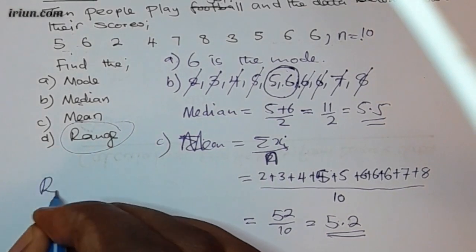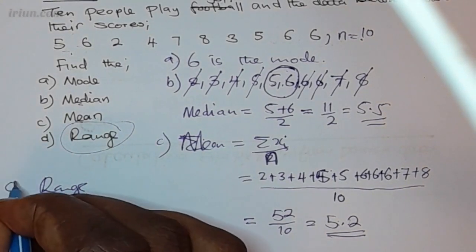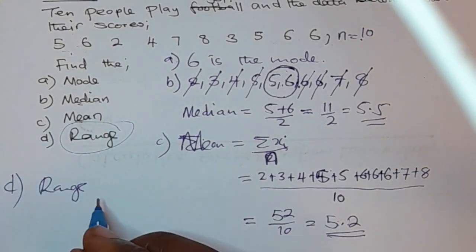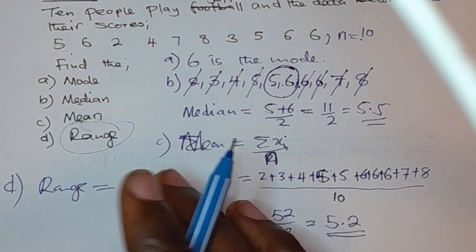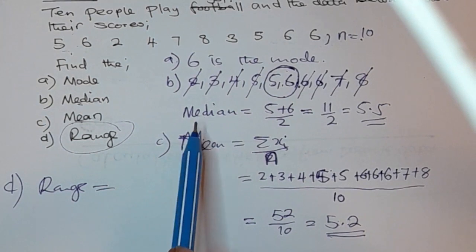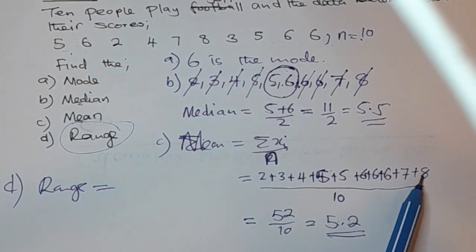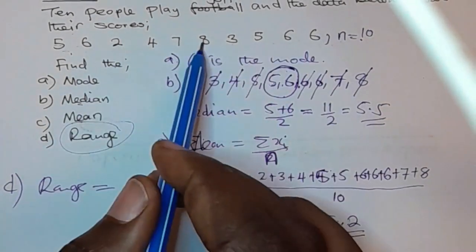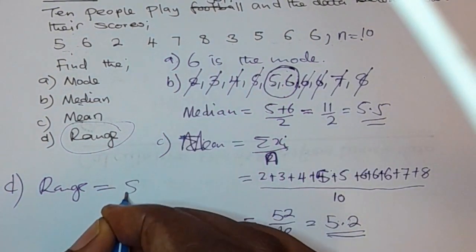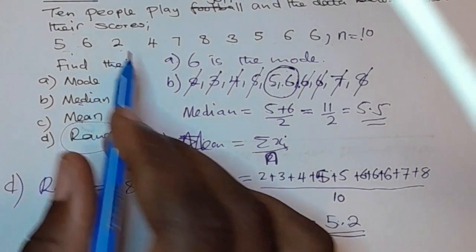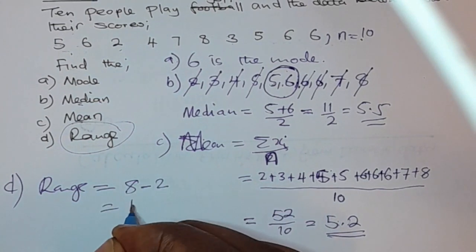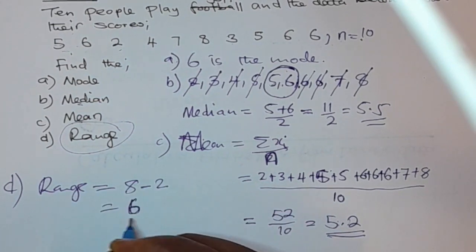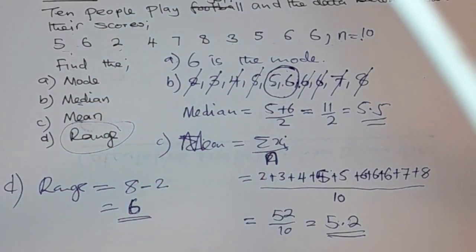The range is the difference between the largest and the smallest. The largest is 8, and the smallest is 2, so 8 minus 2 is 6. So the range is 6.